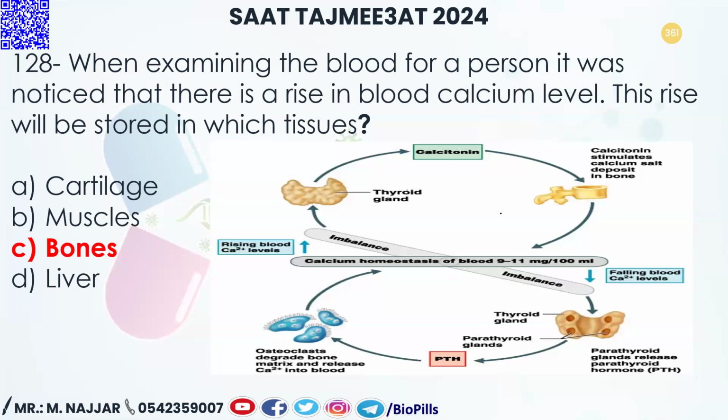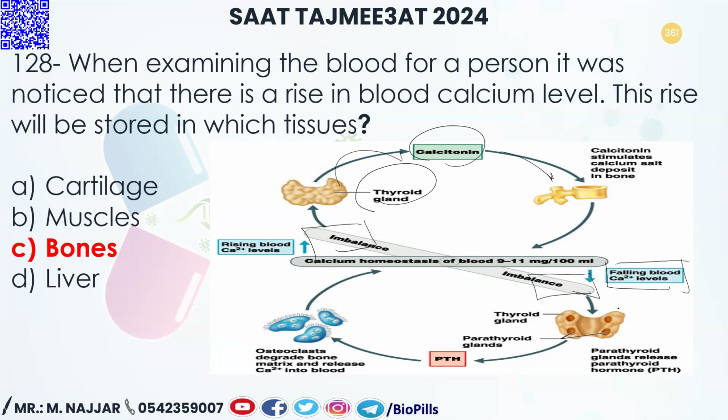As you know, there is a negative feedback mechanism. If there is a high blood calcium level, there will be a message. The imbalance will be detected by the brain. A message will be sent to the thyroid to release calcitonin. Calcitonin will order the osteoblasts to deposit more calcium from the blood to lower the blood calcium level and return it back to normal. While when the blood calcium level falls below normal, it will also be detected.